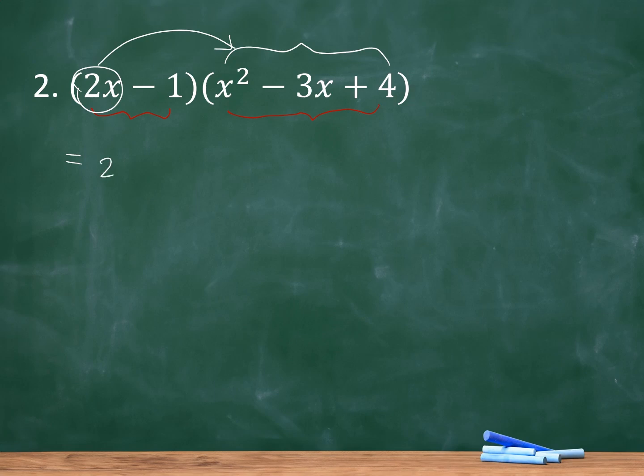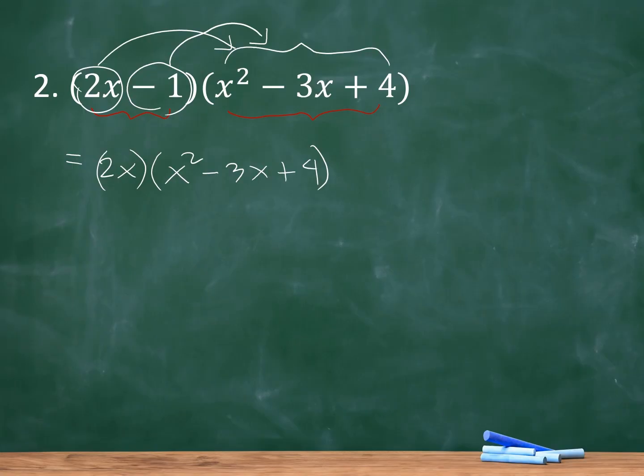So it's gonna be 2x times the trinomial x squared minus 3x plus 4. And then next we will multiply negative 1 to the trinomial. So negative 1 times x squared minus 3x plus 4.